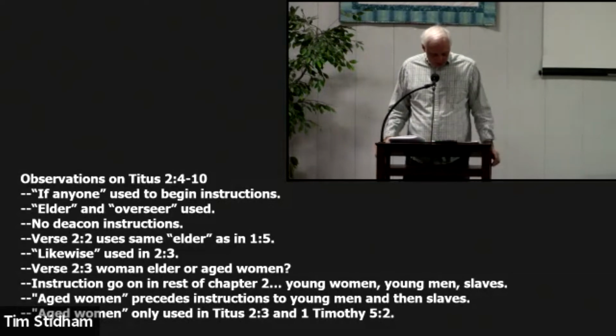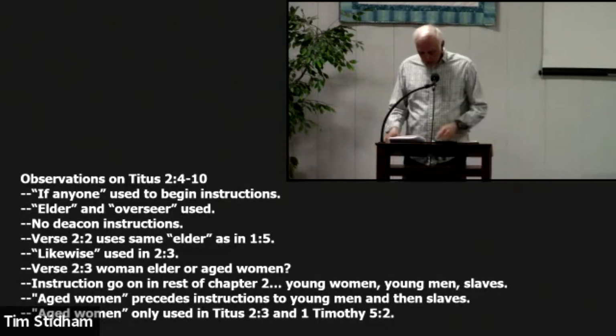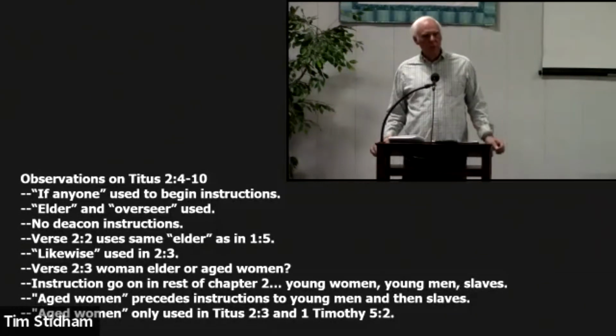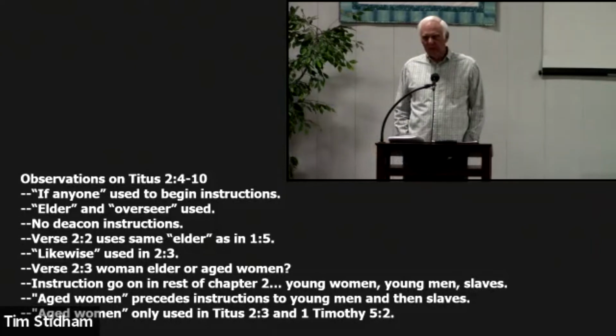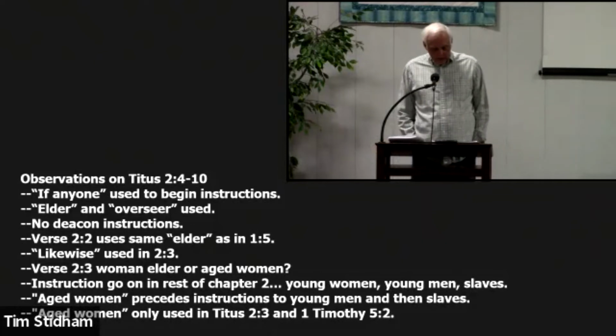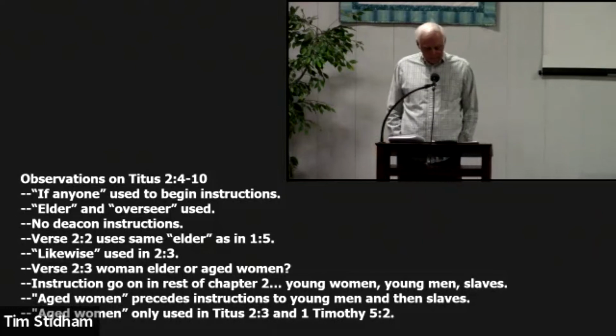I don't know if that helps us at all, but anyway, the thought is if you stayed strictly with the Greek words here and translated them as you did in chapter 1, it comes out fairly different than if you put the chapter 2 heading in and then go with aged men and aged women.